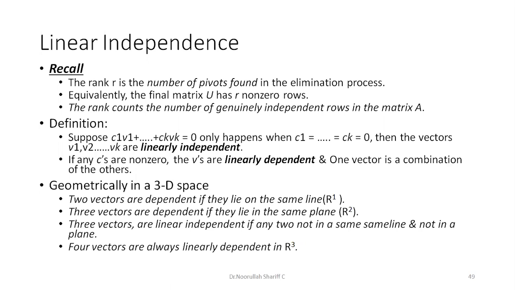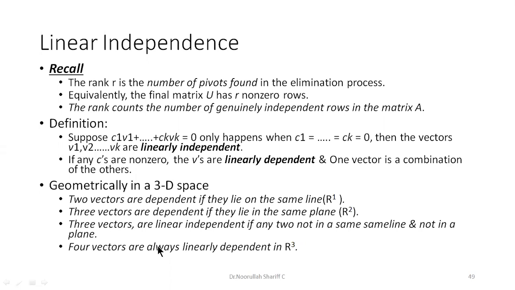But the third statement here says three vectors are linearly independent if any two are not in the same line and not in the same plane. So you can keep on extending this.